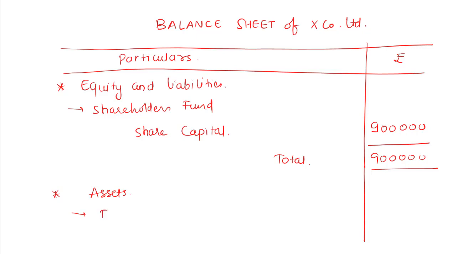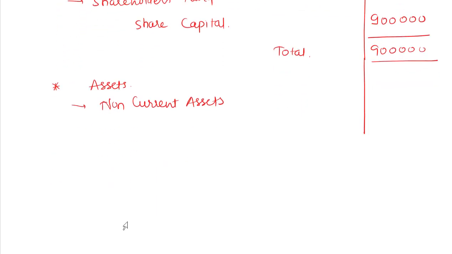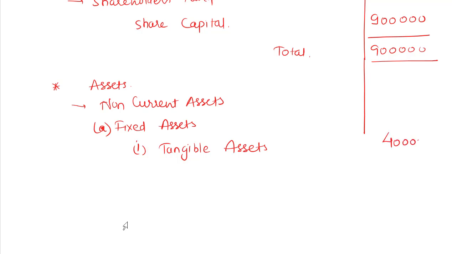Assets. Non-current assets, fixed assets, tangible. Under this, tangible assets, 4 lakhs.